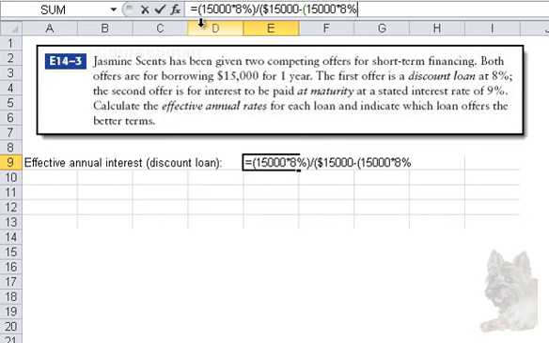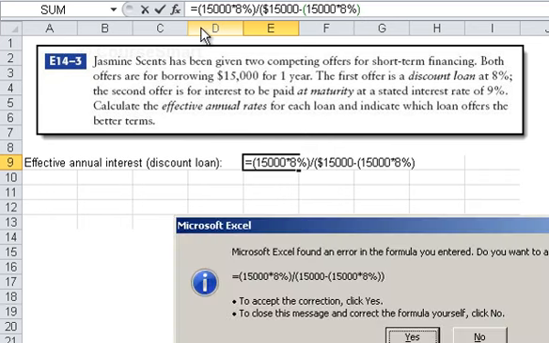Okay? And when I do that, I calculate essentially the $1,200 divided by the $13,800. In other words, it's the $15,000 less the $1,200 that we calculated. And so that will actually calculate the effective interest rate.